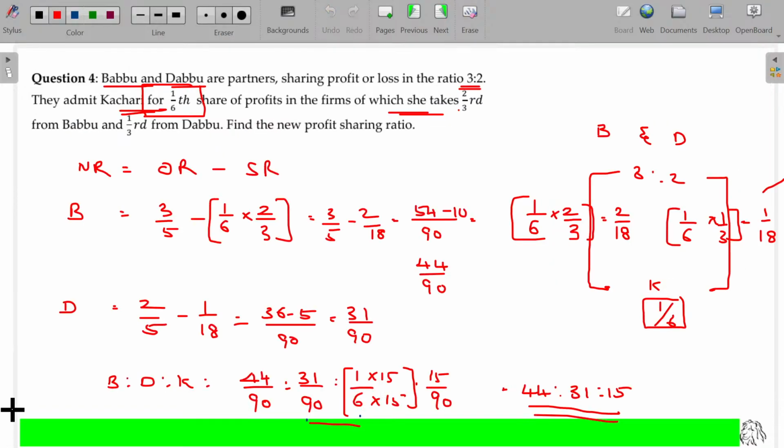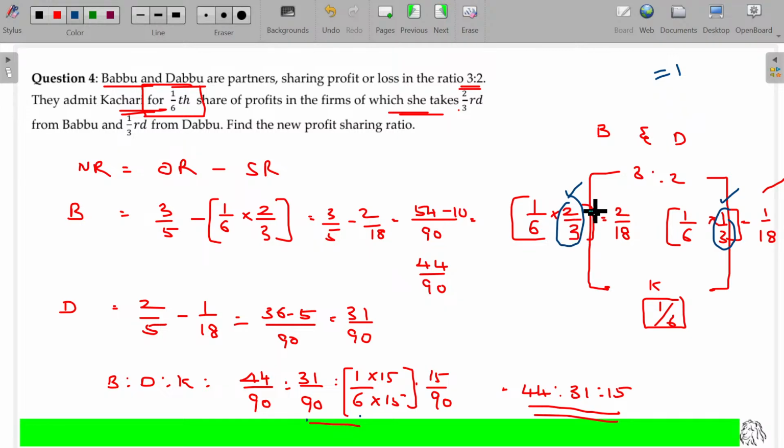In the previous case, 2/3 from B, 1/3 from D, like given, right? If you add the 2/3 and 1/3, this is equivalent to one number. Am I right?